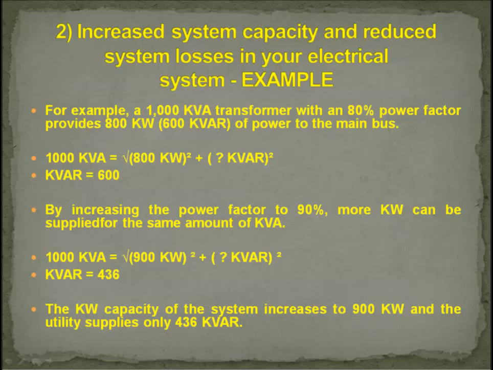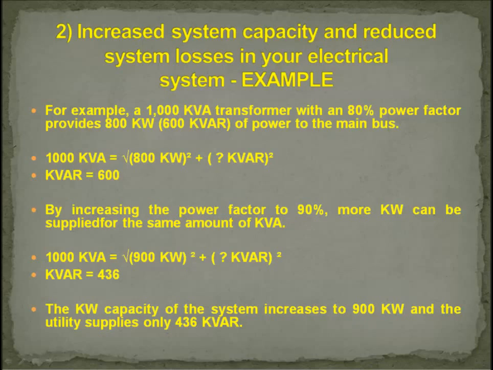Hence kVAR equals 600. By increasing the power factor to 90%, more kW can be supplied for the same amount of kVA. 1000 kVA equals the square root of 900 kW squared, plus kVAR squared.